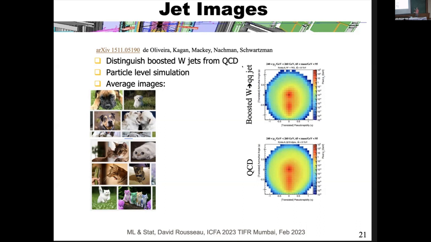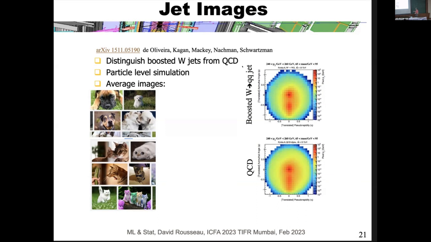And so once you remove the rotation invariance, these are the average images for the W. So you see the two quarks, okay? Then for QCD, you see the heart of the jet, and then you see the first QCD radiation. So you have to distinguish between these.